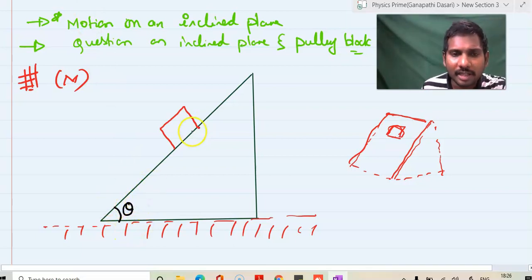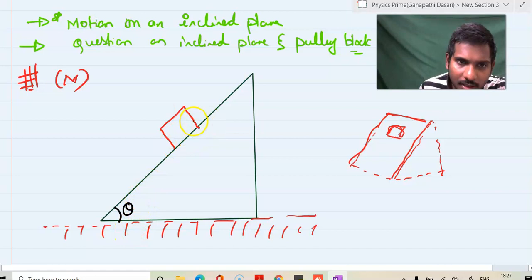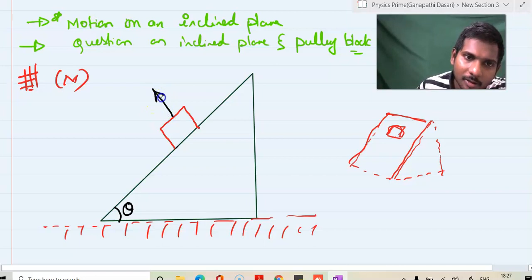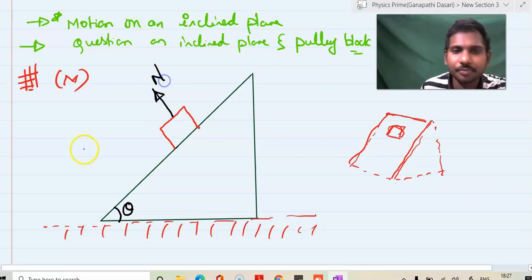If we draw the free body diagram, this surface is in contact with the inclined plane. So this surface will push the block perpendicular to the surface. There will be a normal reaction which is exactly perpendicular to the surface. And gravity will pull this block in which direction?